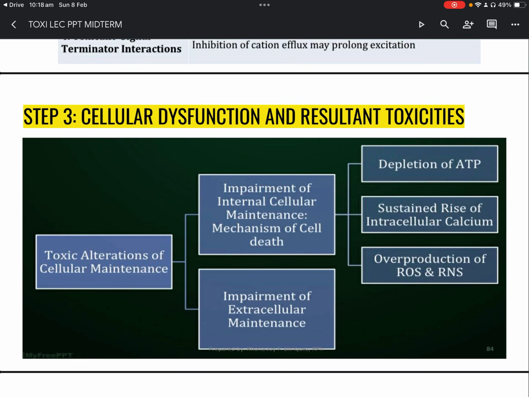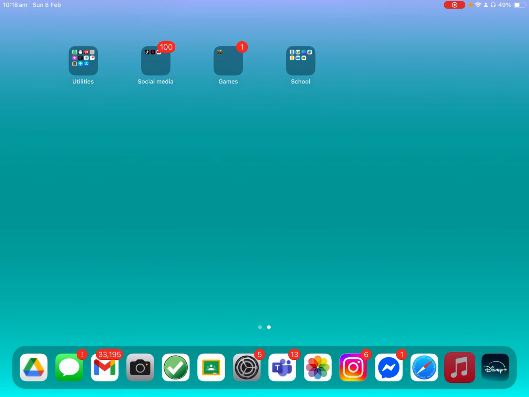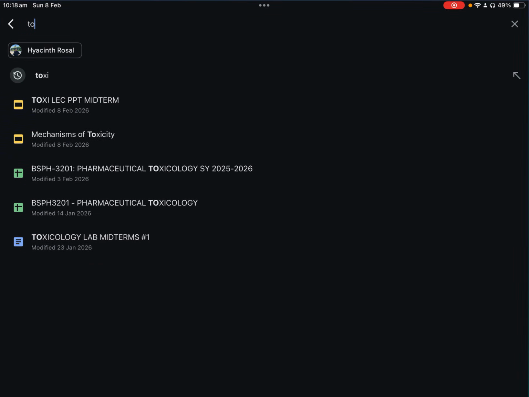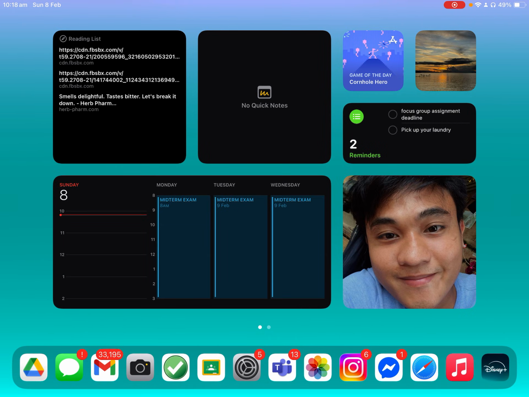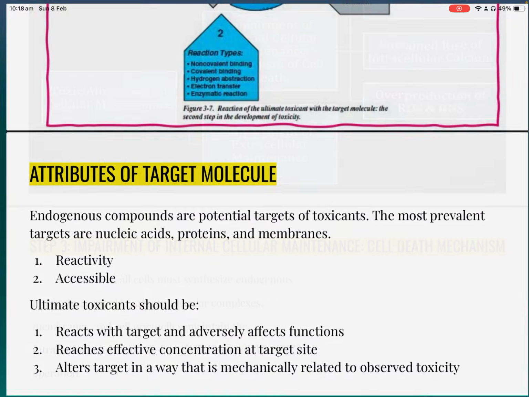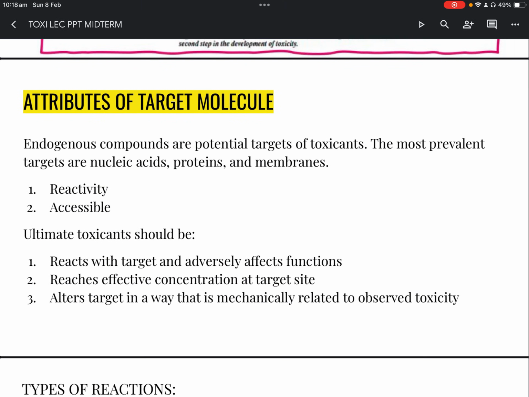So in step 3, this is where the toxicants would cause toxicity. Its mechanism is it will alter the gene expression and ongoing cellular activity. Okay, so just remember here in step 3.